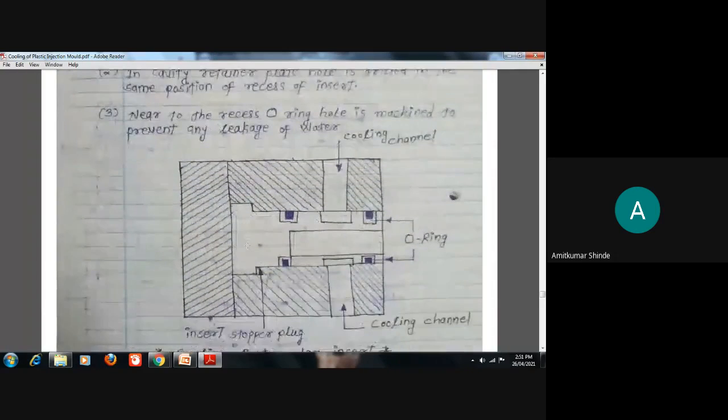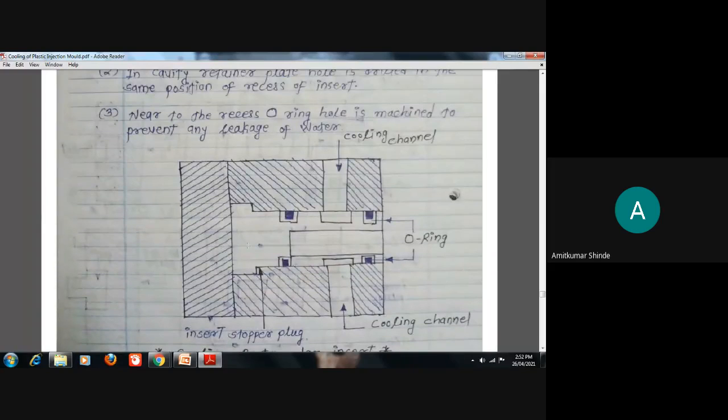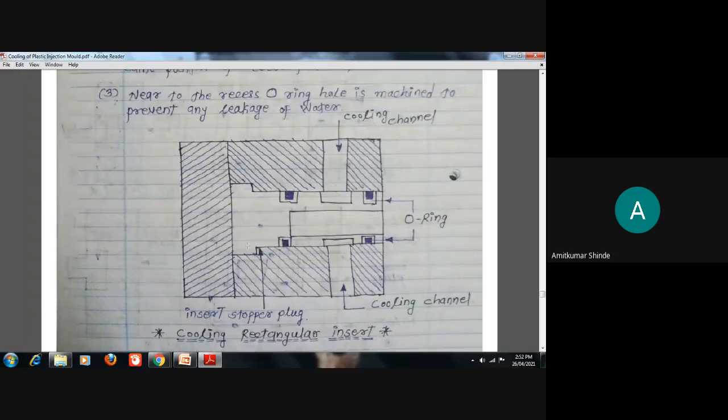This is the diagram for cavity insert rectangular cooling.